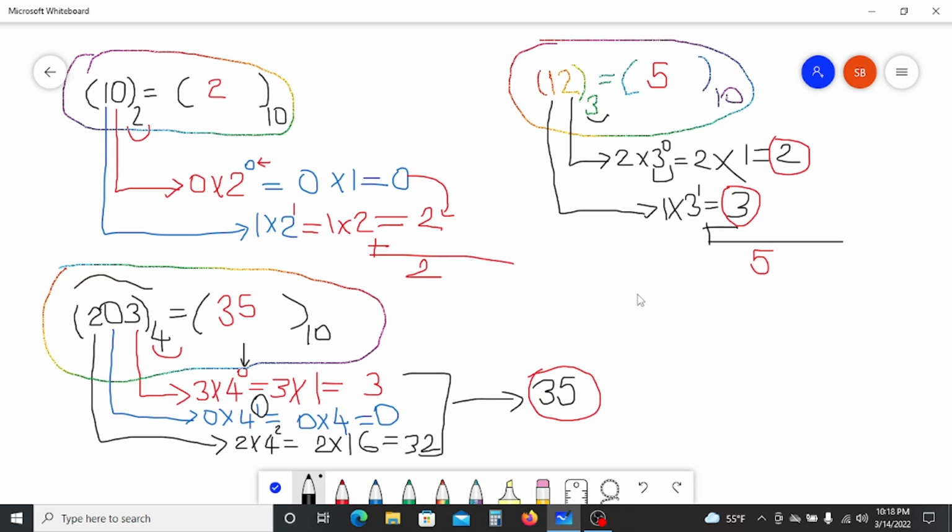Hexadecimal system, friends. Now we are learning how to convert from any base to base 10.